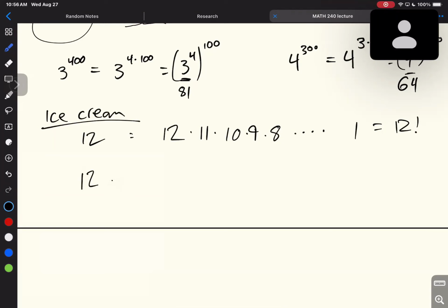And then once I do that, there's 11 flavors available. And then for my third scoop, I've got 10 choices. That, I believe, is 1320, whereas this is 479 million. So a lot fewer options. Any questions?